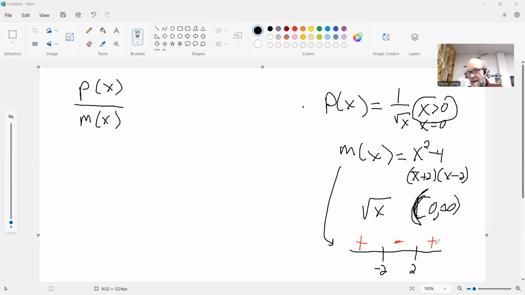Okay, so that doesn't come into play for the domain, but it'll help us in the future. So P of X is 1 over the square root of X, and M of X is X squared minus 4, and I'll write that out as X minus 2, X plus 2.